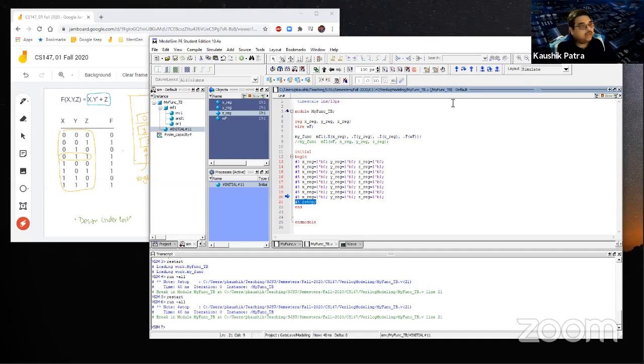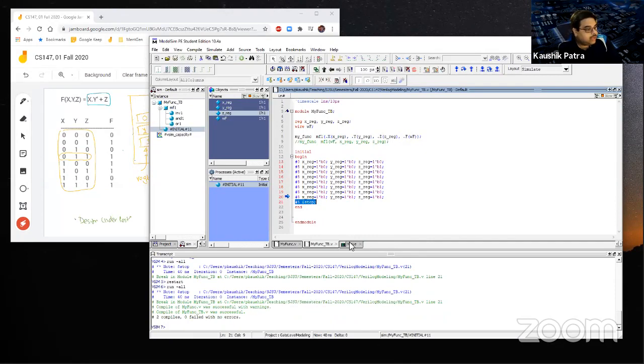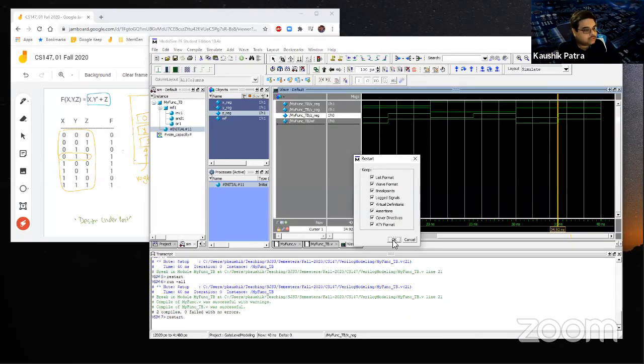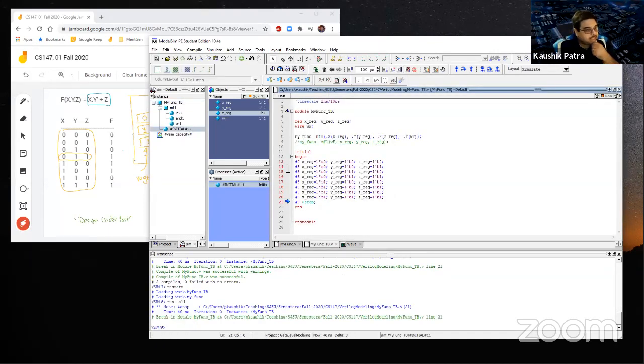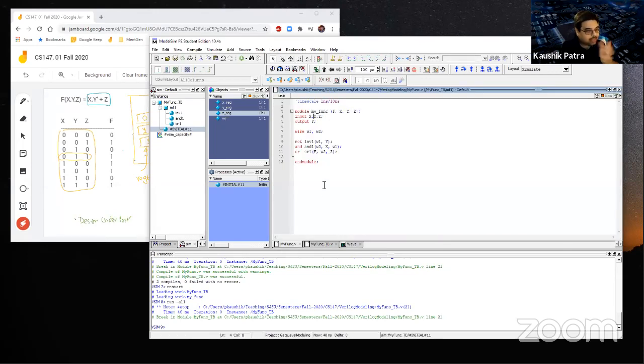Let me recompile. Just hold on, otherwise you'll be confused. Recompile, reset, and run on. So see, your execution is basically going through statement by statement on lines 13, 14, 15. And as soon as it hits the statement on line 21, it has a $stop. It stops the simulation. Otherwise, what would happen?